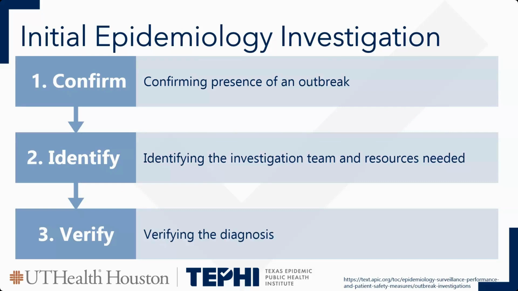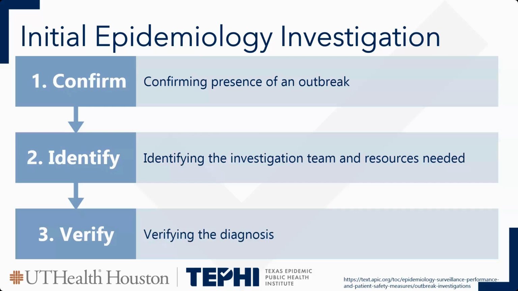You've talked to your providers, who are starting to see an influx of patients, and so you're ordering additional tests. So the first is confirming there is an issue, which I know can be kind of hard. These three, confirm, identify, and verify, all happen at about the same time. You first want to confirm that there is an issue you're concerned about.